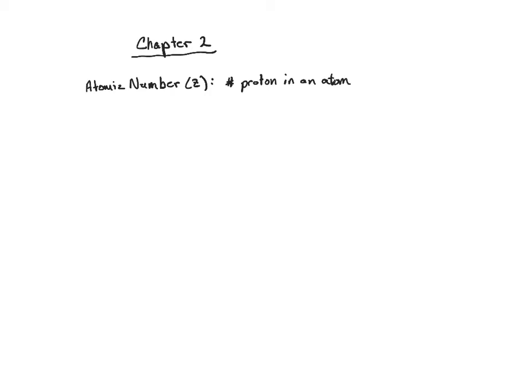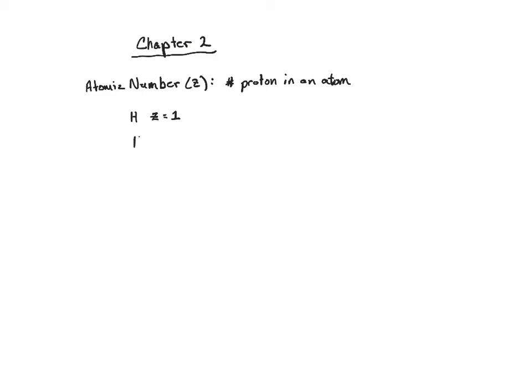Every single element will have its own distinct number of protons. For example, if you look at hydrogen, Z is equal to 1. And if you look at the periodic table, you'll notice that hydrogen has a little 1 next to it, and that 1 is the atomic number.